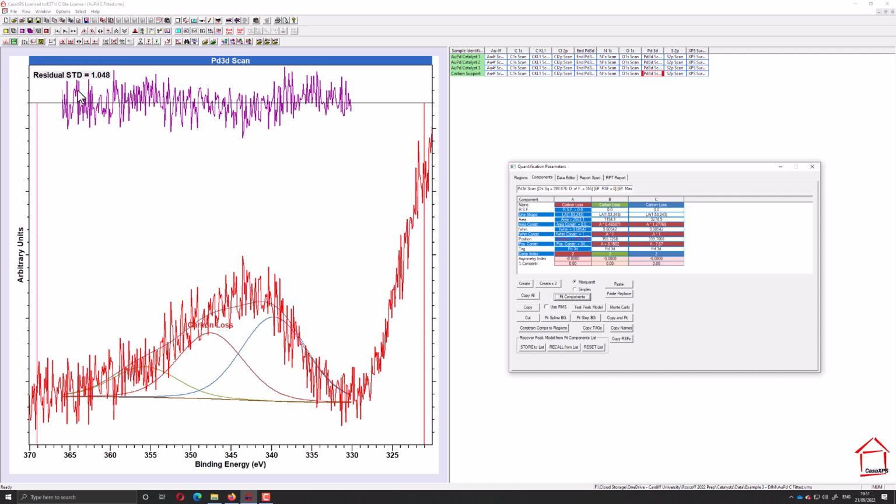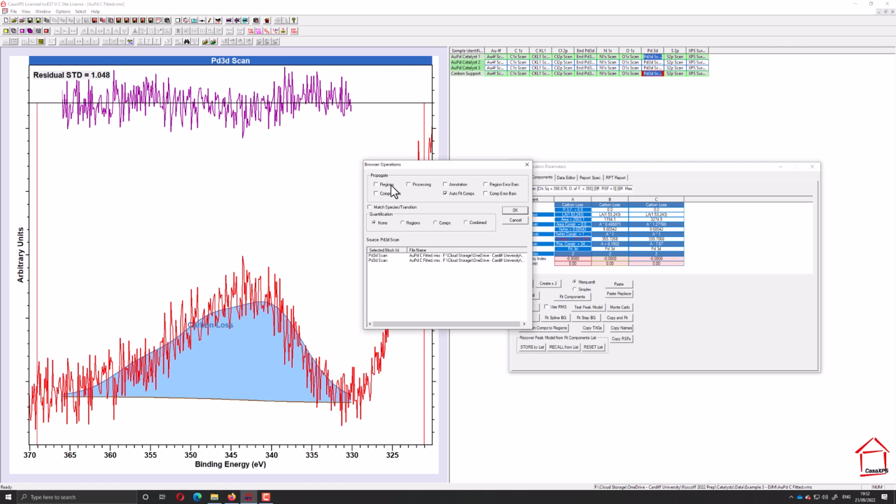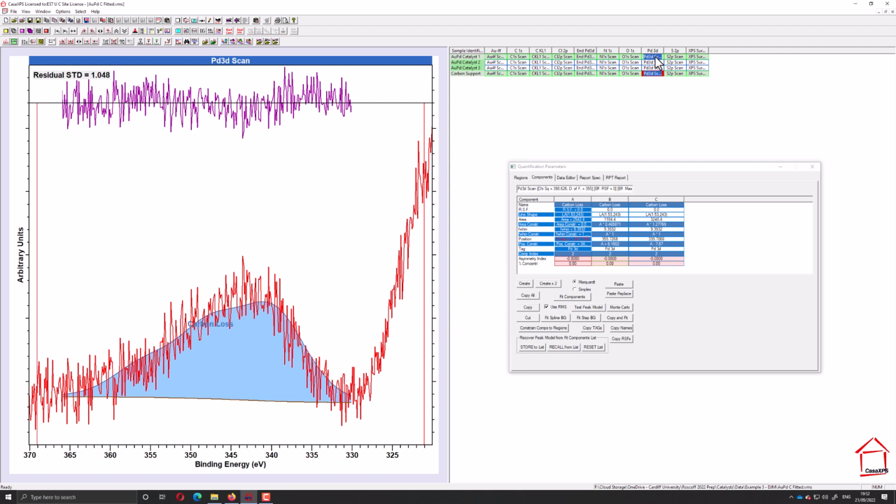So again, we got a standard deviation close to unity, which is good for this data. So you can see I've coloured those. We now have a peak which covers our carbon loss structure. So if I take this, let's just propagate our background to our other palladium spectra.